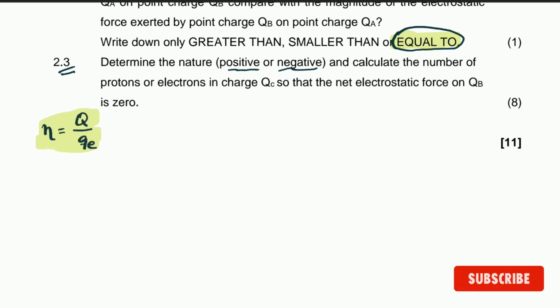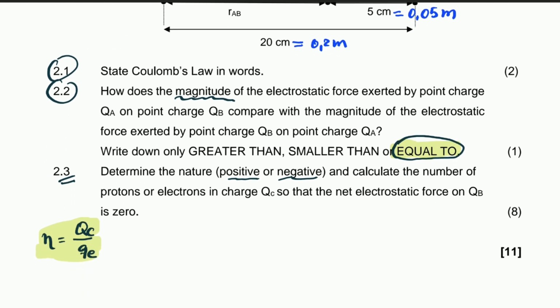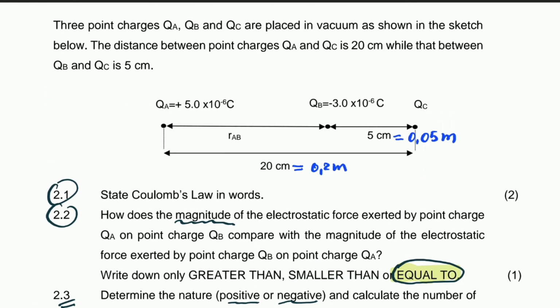But when we're working on charge C, this is QC, so we don't forget that one. Now, let's go back quickly to the picture here, and we are going to work with it a little bit. Now, they're working with C, so that the net electrostatic force on B is 0. So on B, right here, at this point, the net force is equal to 0. Now, this is vectors.